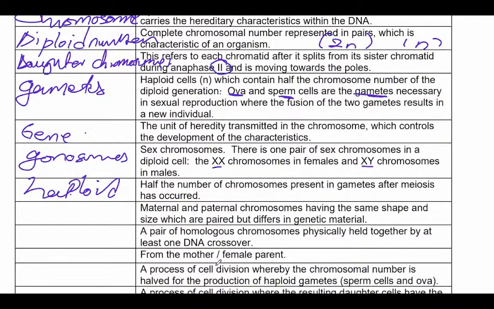And then they're saying that maternal and paternal chromosomes having the same shape and size are paired but differ in the genetic material. How do we call that? Paternal and maternal chromosomes, it means one from the mother, one from the father, but they have the same shape, same size, meaning that the location of the genes along these chromosomes is the same, but they differ in genetic material.